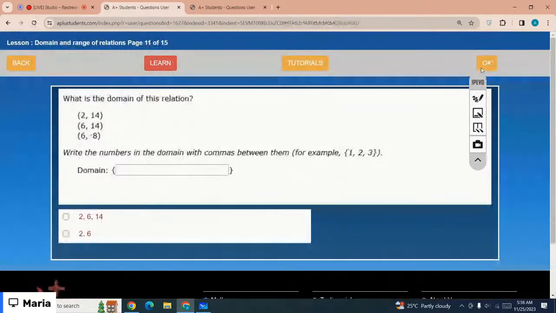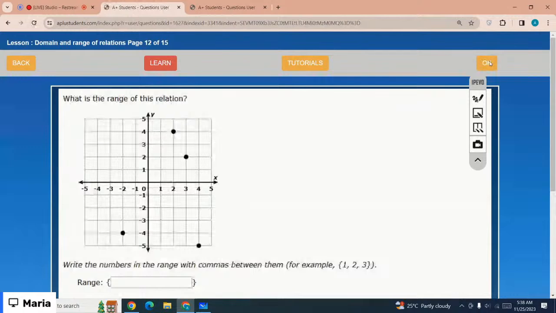What is the domain of the relation? Which is the correct option? 2 and 6, right? Domain of the function is 2 and 6. Very good.